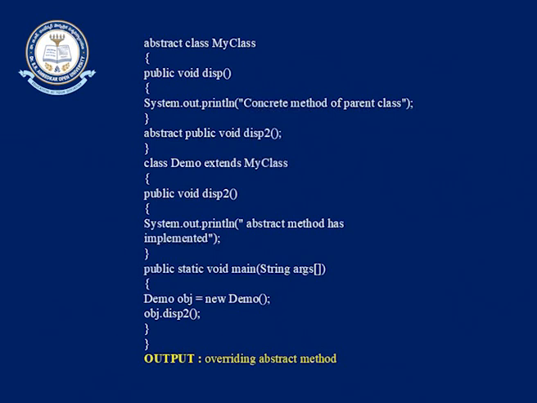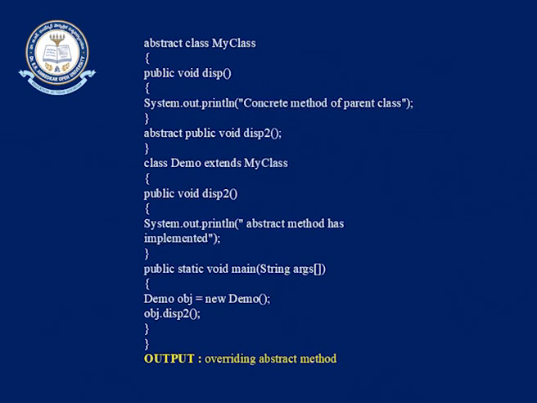Now, when I call Demo, that Demo is overriding, because there are two methods with the same name. DISP is there, DISP2 is there. When I call DISP2, whether it lies in the Demo class or the abstract class MyClass, it is implemented in the derived class, the Demo class.